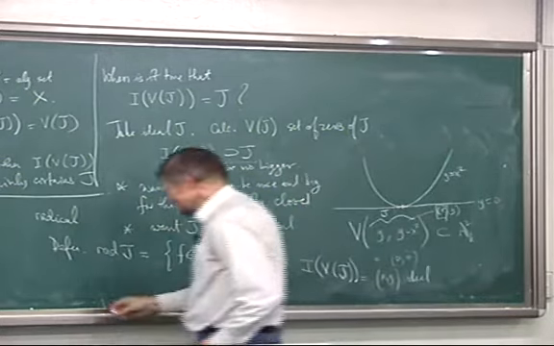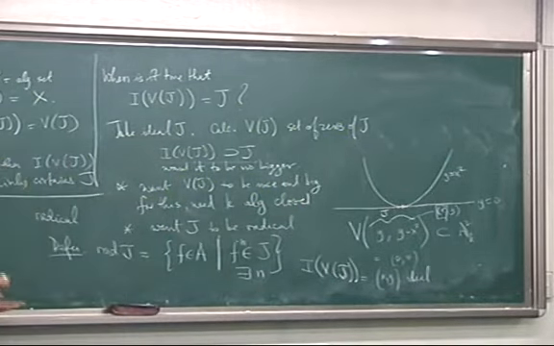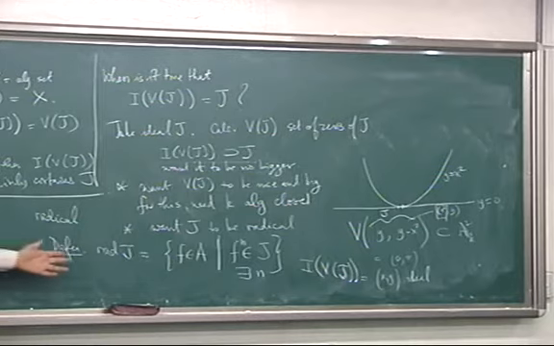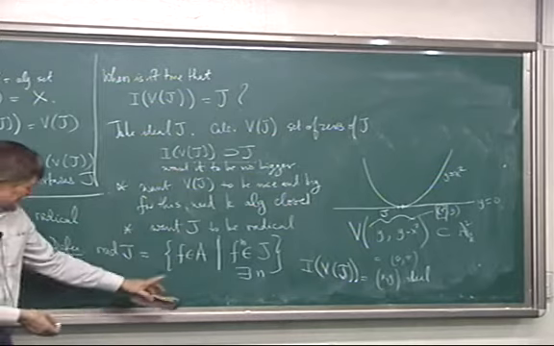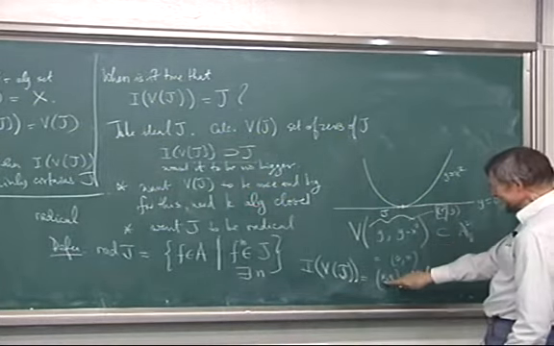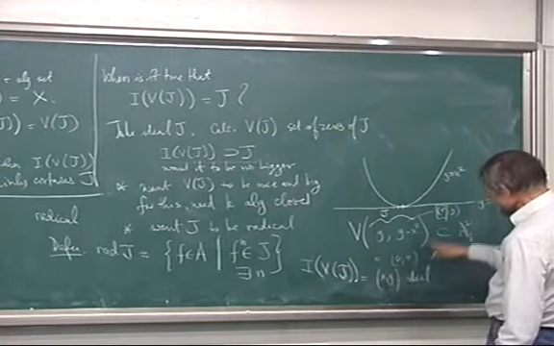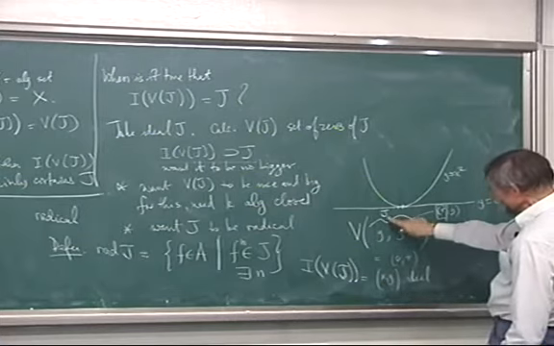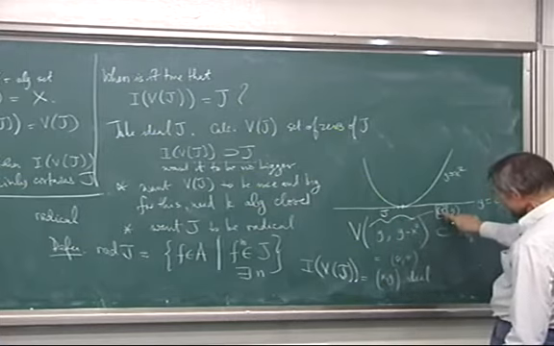Yes? So I start off with an ideal J. I define the radical by this formula. So in this case, the element x is not in J, but it is in the radical of J, because x squared is in J.